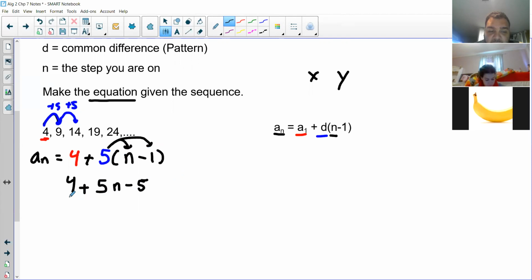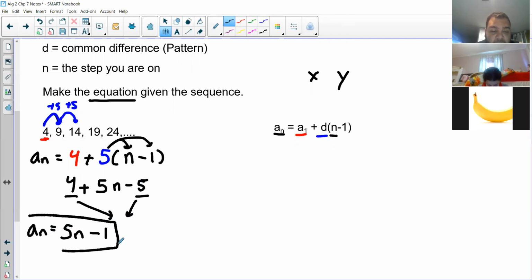Let's combine some like terms. 4 and -5 are like terms. They're both just normal numbers, or what we call constants. So I'm left with 5n, and then 4 plus -5 is -1. So a_n equals 5n minus 1. And that is your equation.